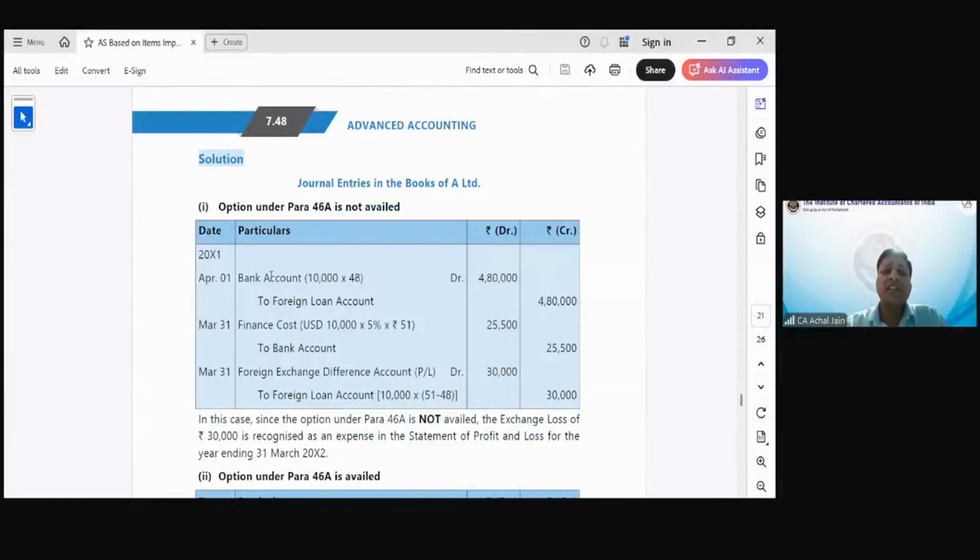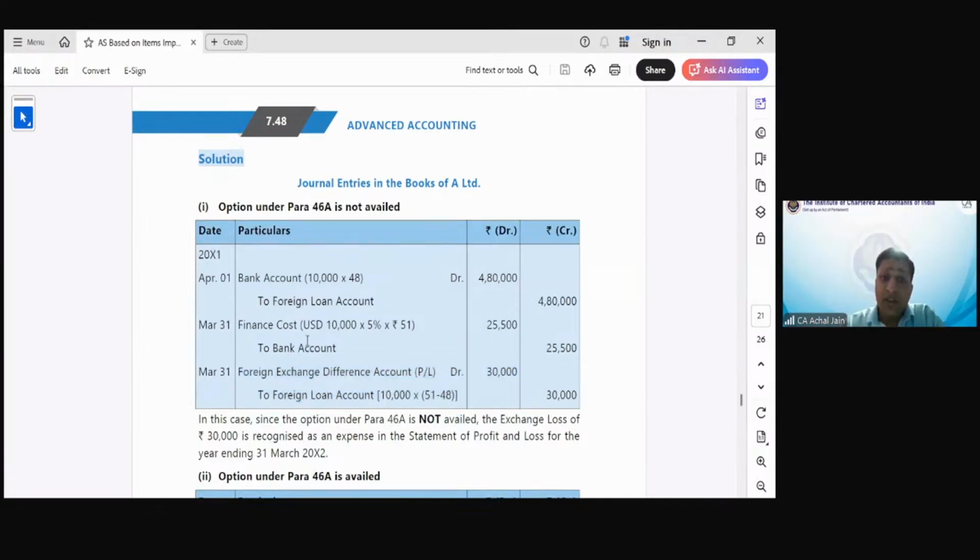When the loan is taken, you will record this using the rate of transaction. So bank debit to foreign currency loan account, 4,80,000. At the year end, any difference which is there will increase the amount of liability, meaning the loan, and the difference will go to P&L.